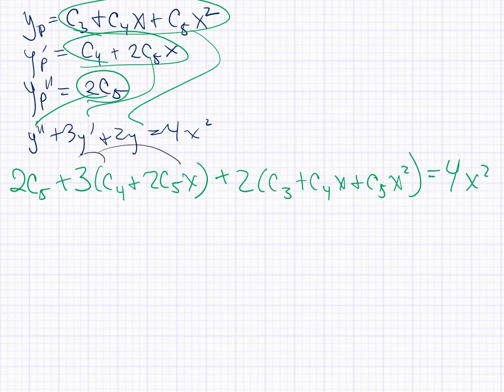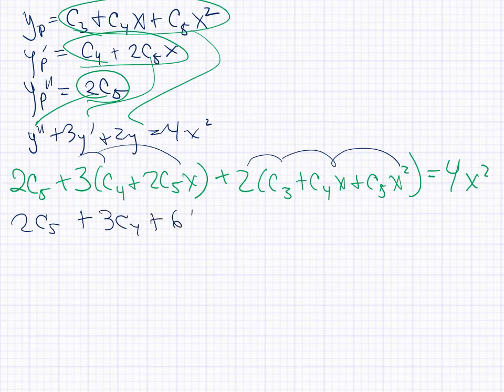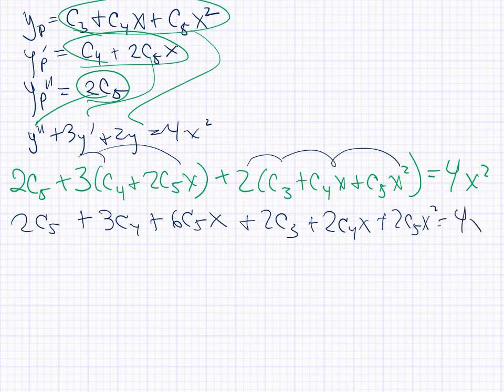And so we distribute all this, and what do we get? We get 2c5 plus 3c4 plus 6c5x plus 2c3 plus 2c4x plus 2c5x squared equals 4x squared. And then we use this equal parts concept.